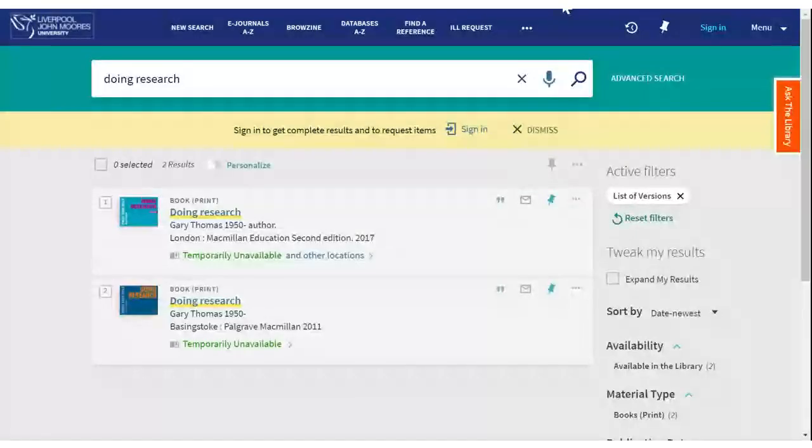Okay, now these two little books by Gary Thomas are really, really excellent, and they're from a little series around academic skills, and they're small. I don't know if you see this on the screen. They're only like little pocket books. They're really, really good.